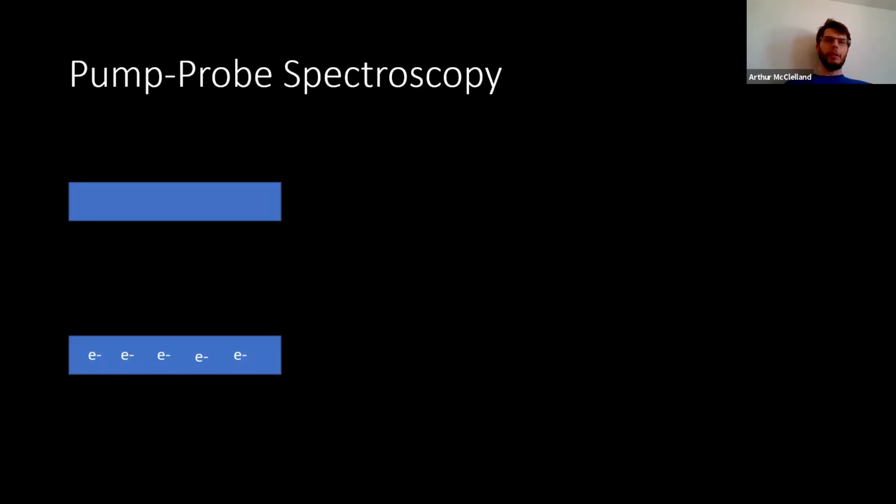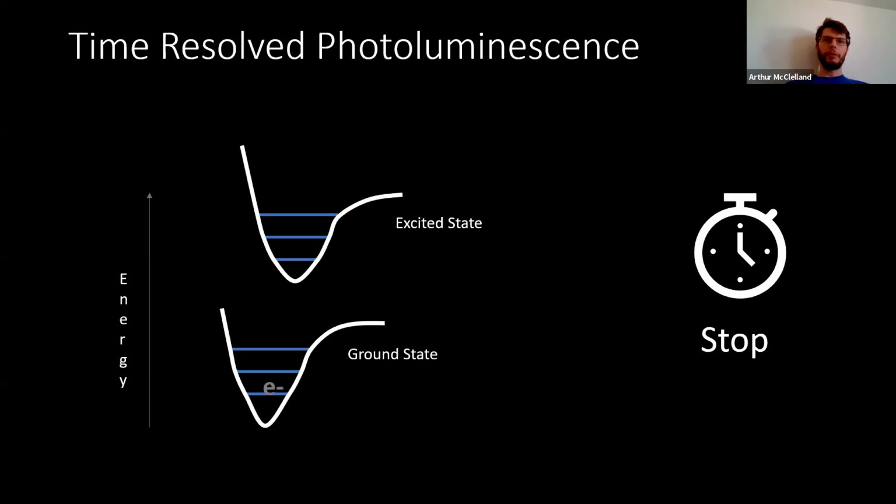So one limitation of the time-resolved photoluminescence is how fast we can make the stopwatch go, and the electronics. When we're dealing with electronics, at some level you have to move an electron across a physical space. It has to travel through the cable. There is a finite rate at which you can do that.